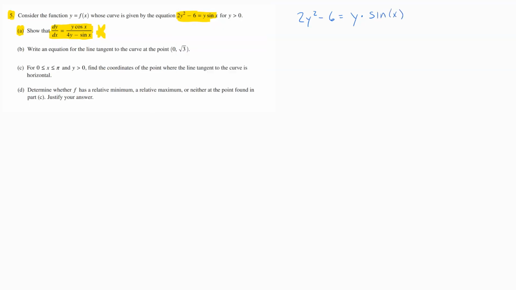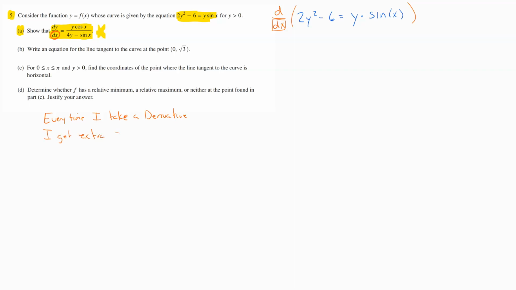When I do implicit differentiation, I wrap this equation in a set of parentheses, and I'm going to d/dx this equation. Whatever is on the bottom of your derivative, that's what you d whatever with respect to. My little saying when I do implicit differentiation is every time I take a derivative, I get extra stuff.